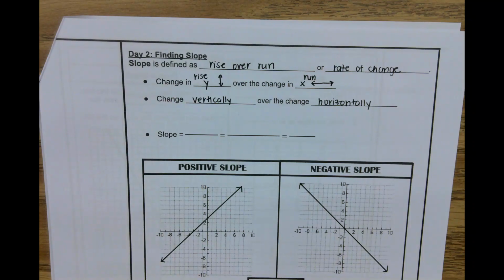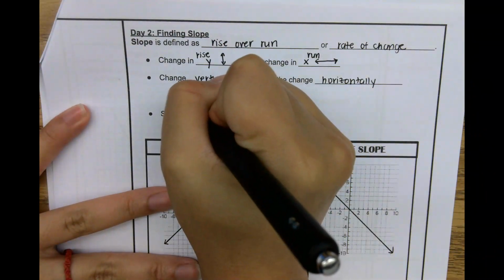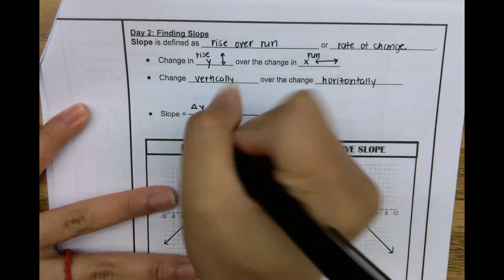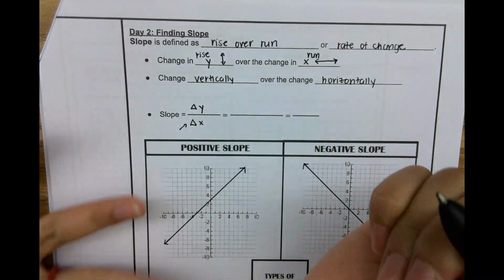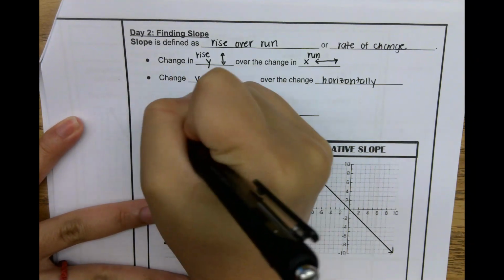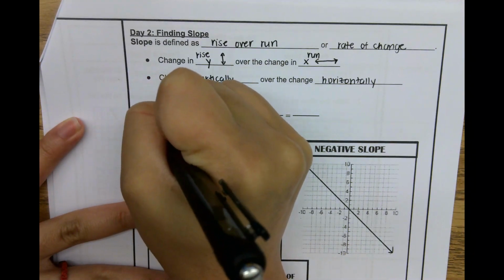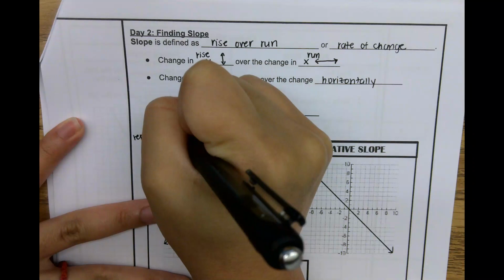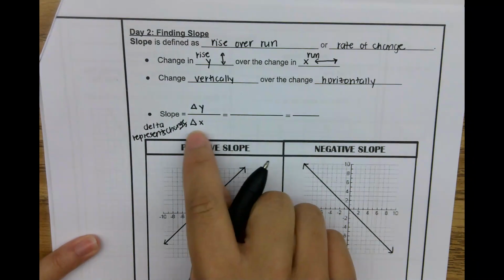So our formula for slope is delta y over delta x. Delta in Greek represents change. So it's how our y's changed divided by how our x's changed.